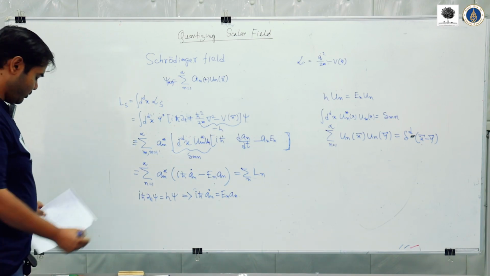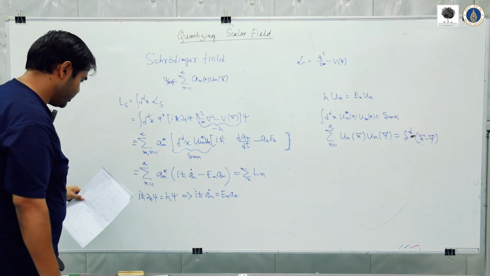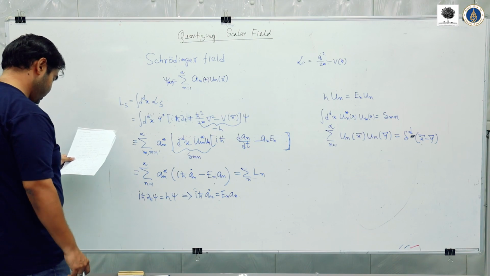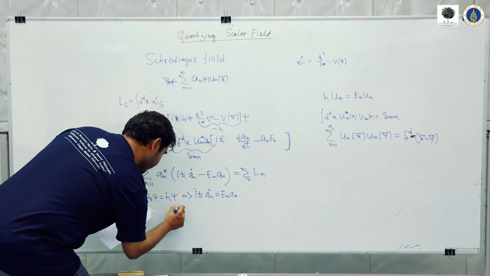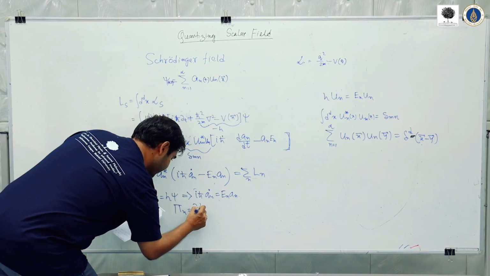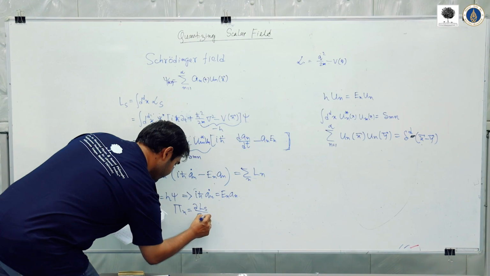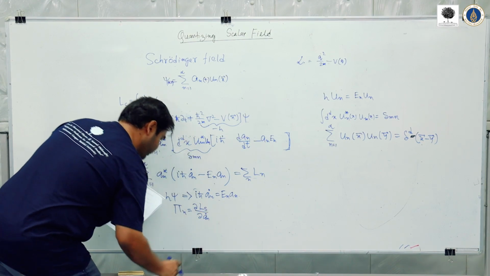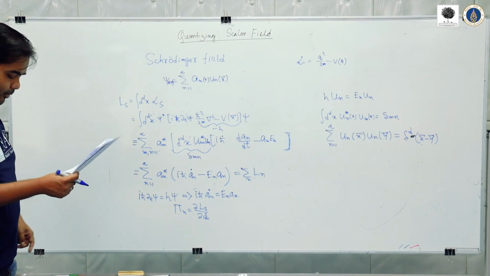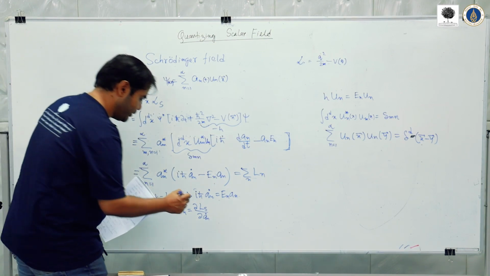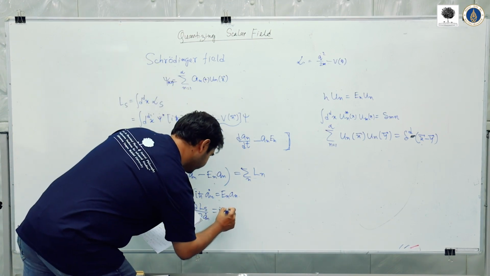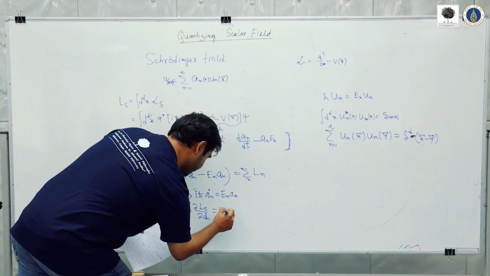So fine, we can also define a momentum, considering this L_s, and that momentum is simply pi_n, by definition, the partial derivative of L_s with respect to a_n dot, where we are considering a_n to be the dynamical variable, which is the only available quantity now, and you will find it to be i h bar a_n star.